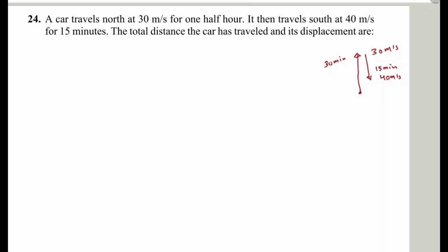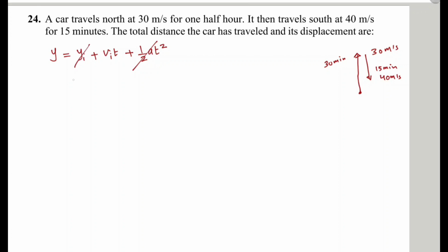Now to find the total distance, y equals y initial plus v initial t plus half a t square. Now it's constant velocity, so a is 0, and starting from origin, y initial is 0 as well.